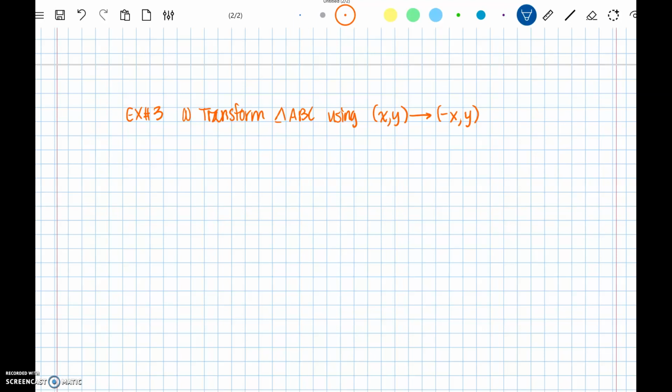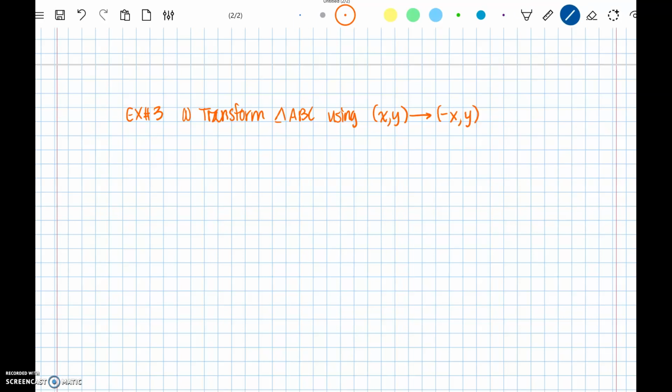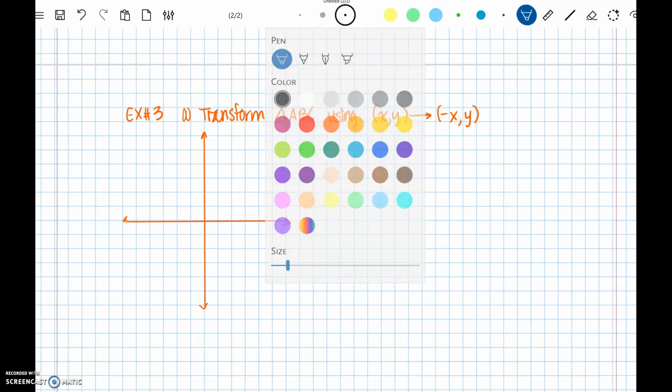So since the transformation, the only thing that occurs is that the x changes sign, this is a reflection across the y-axis. So I'm going to plot the first triangle. I'm going to do it in black.